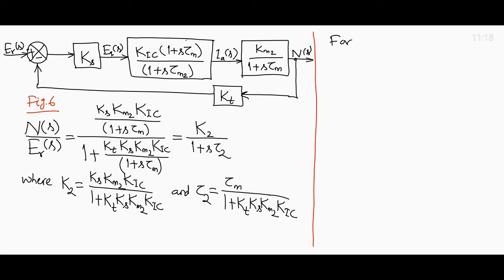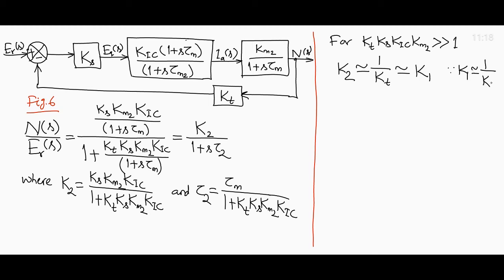For the common case of the gain product KT Ks Km2 KIC being greater than 1, K2 is nearly equal to 1 by Kt, and because Kt is nearly equal to the reciprocal of K1, K2 is nearly equal to K1, since K1 is also 1 by Kt, and tau 2 is nearly equal to tau m divided by Kt Ks Km2 KIC.